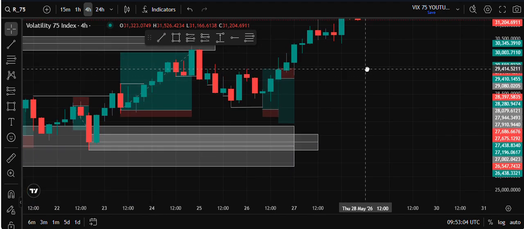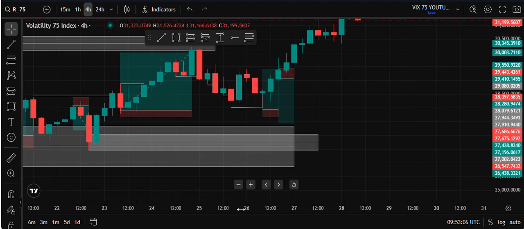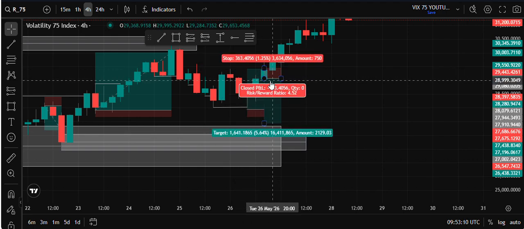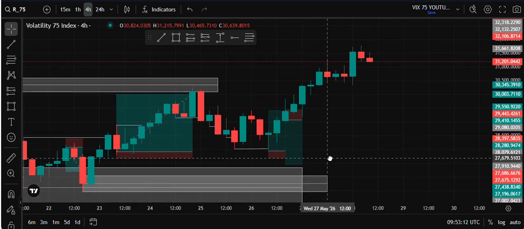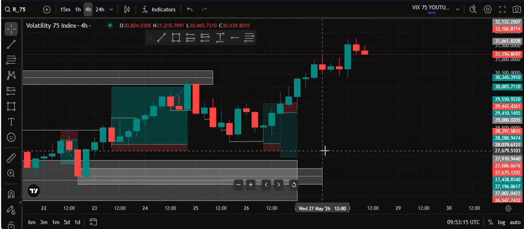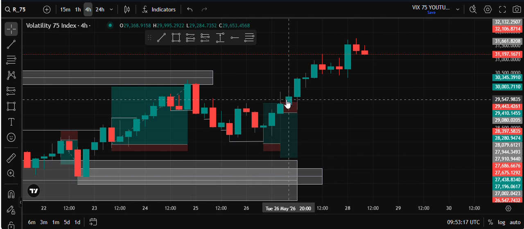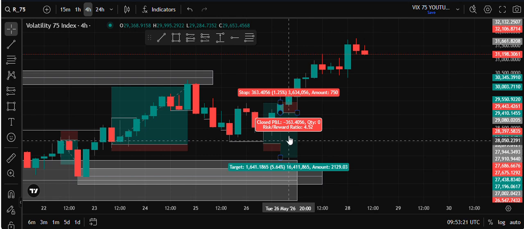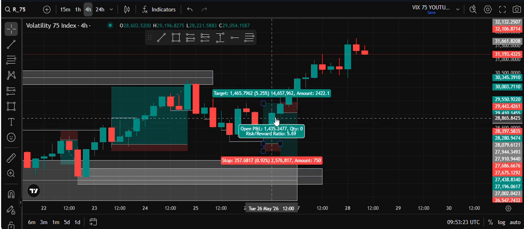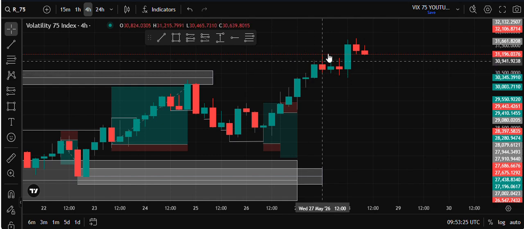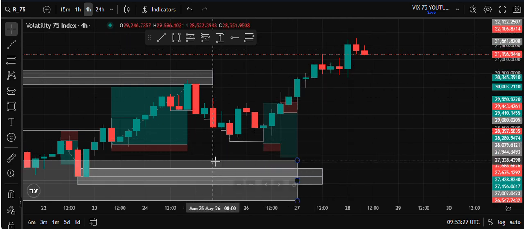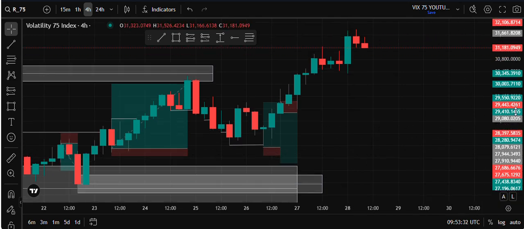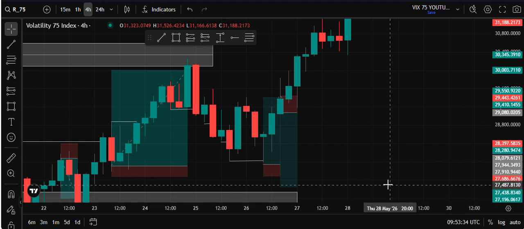So the plan was to go for a sell, but the market went for a buy around there. Why did the market disobey that particular side? This is the reason.